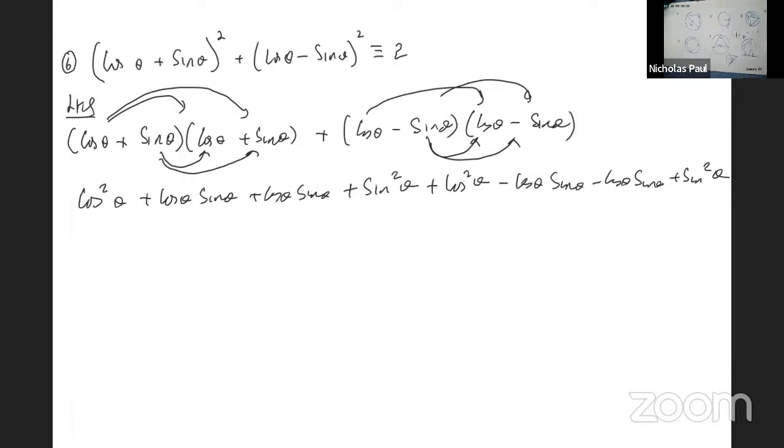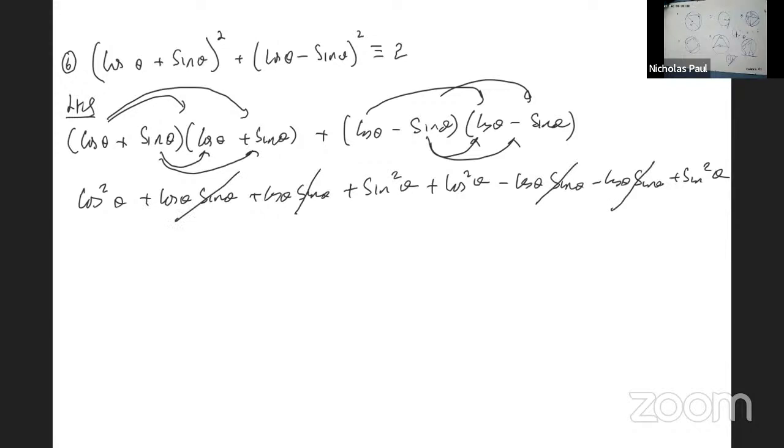All right, sorry online, I was muted there. All I did is expand cos theta plus sine theta all squared, and then cos theta minus sine theta all squared. Then you will see that this will cancel with this, and this will cancel with this.